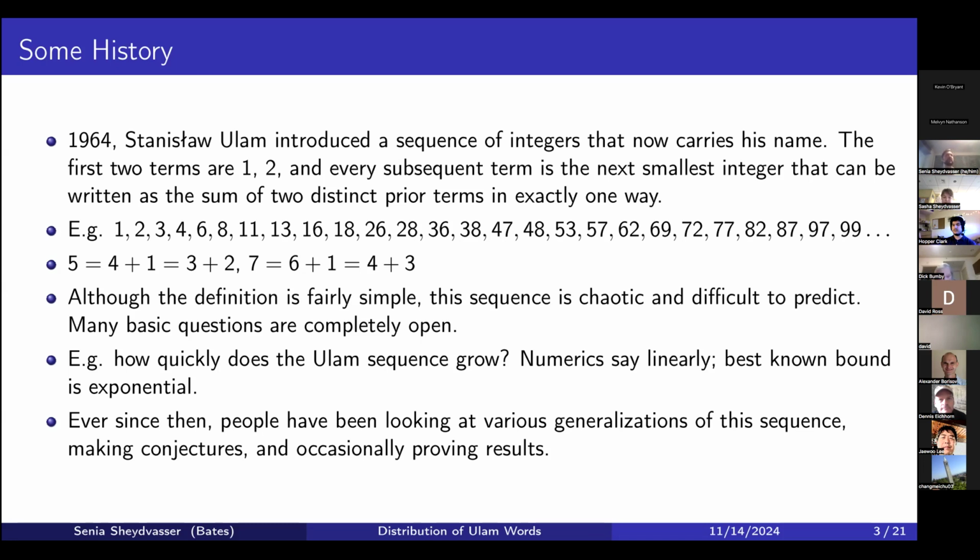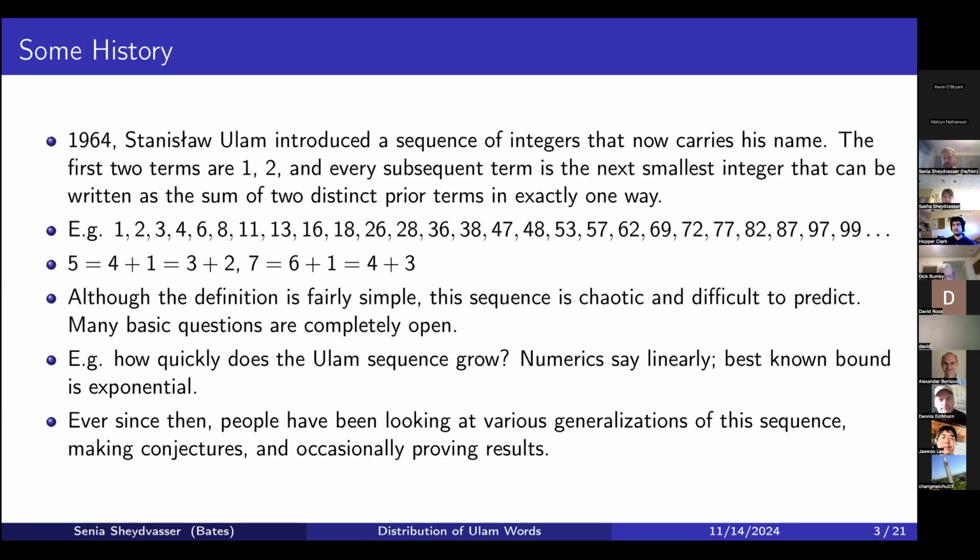Or you can replace integers with elements in an integer lattice, something like this. Like replace 1 and 2 with (2, 1) and (1, 3), and see how this set grows. And looking at these various generalizations, people have been making conjectures and occasionally proving results.